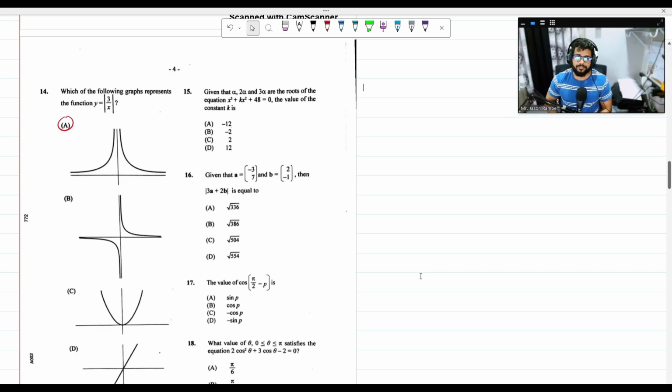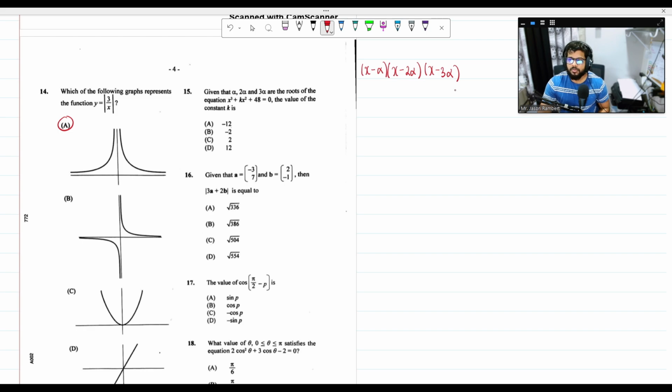Given that alpha, 2 alpha, and 3 alpha are the roots of the equation, the value of the constant k is... If these are the roots of the equation, then x minus alpha is a factor, x minus 2 alpha is also a factor, and x minus 3 alpha is another factor.